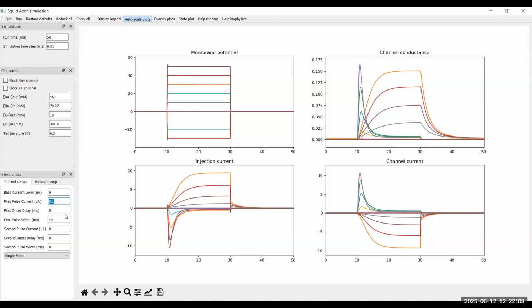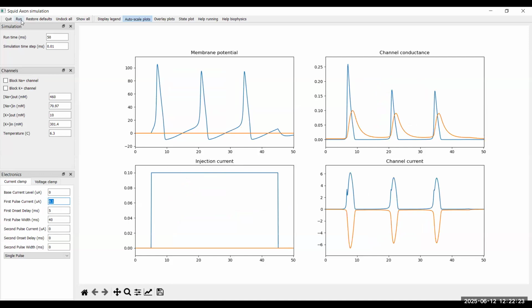That current will be starting at 5 milliseconds, and it will continue for 40 milliseconds, after which it will come back. And we are not giving any second current pulse. Now if we run this, you see action potentials. All right.